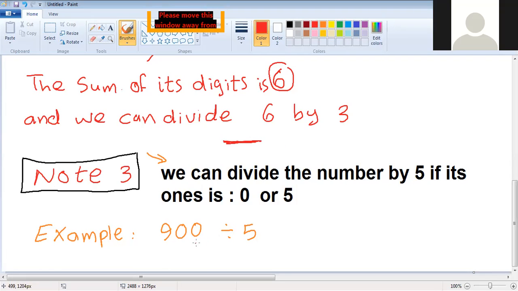Let me check 900. What is its ones? Its ones is 0, and the tens is 0. So we can divide it by 5. According to this rule, we can divide it by 5 without remainder. What is 900 divided by 5, Yusuf? Can you do the long division?